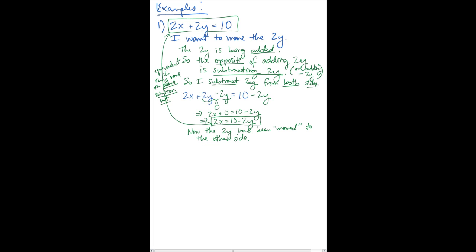Let's look at another example. Let's suppose we have n over 3 equals 27 plus n. And let's suppose I want to move the 3. So we need to think about our important questions. What is the 3 currently doing? The 3 is currently dividing the n on the left.